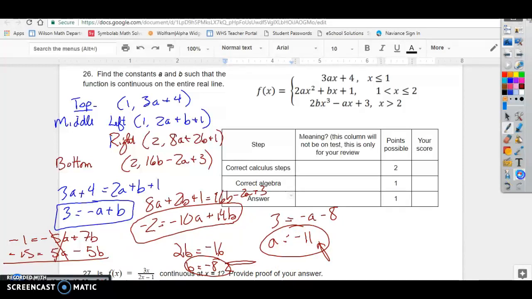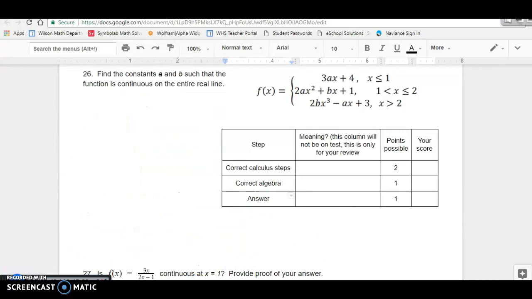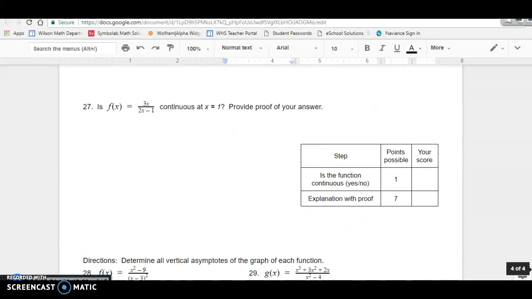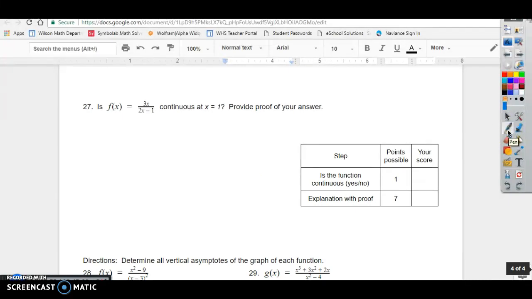Alright, moving down to the next guy, which would be number 27. Okay, it's asking us, is it continuous at positive 1? So all we have to do here is do our limit as x approaches 1 from the left.